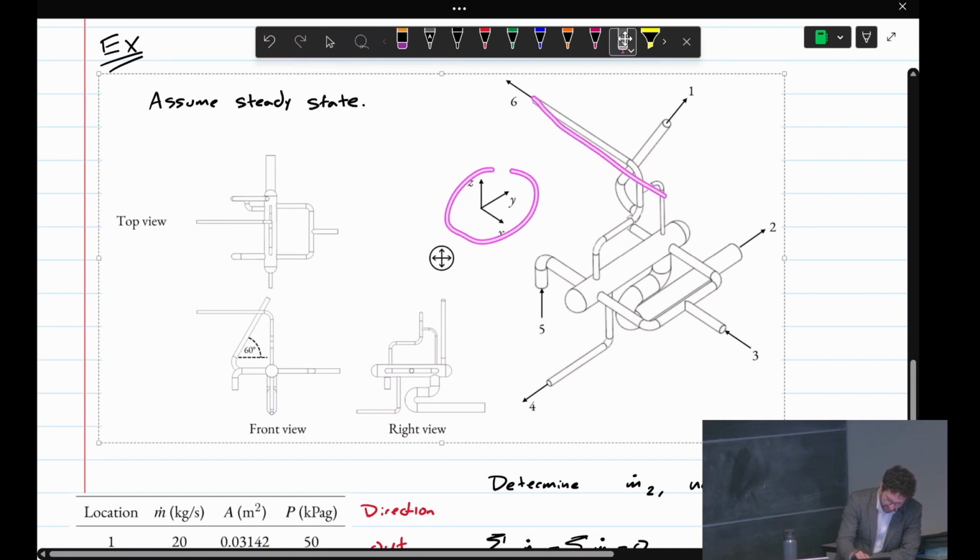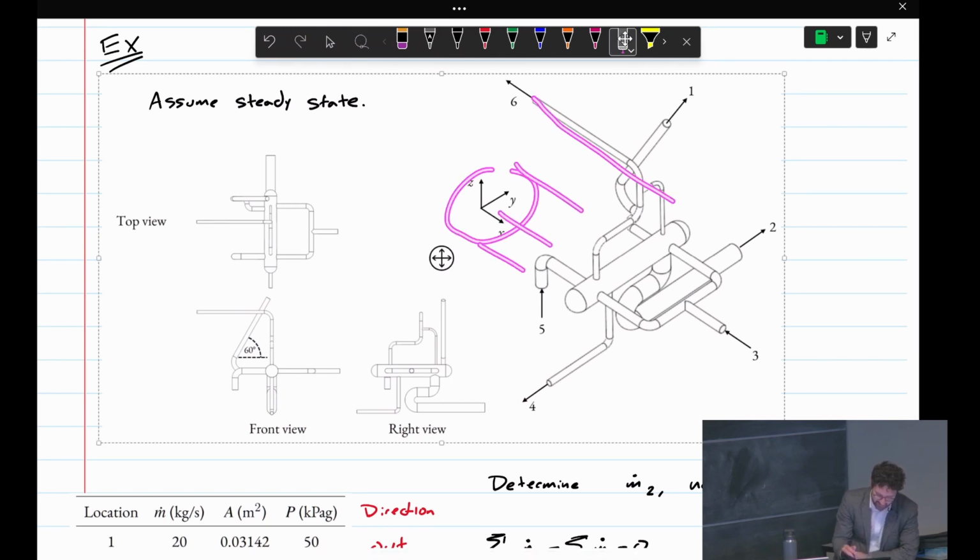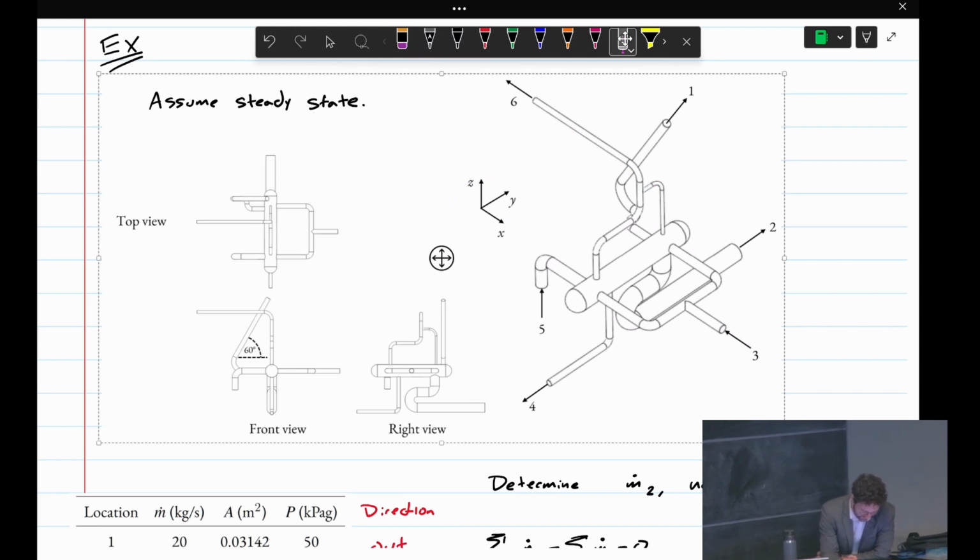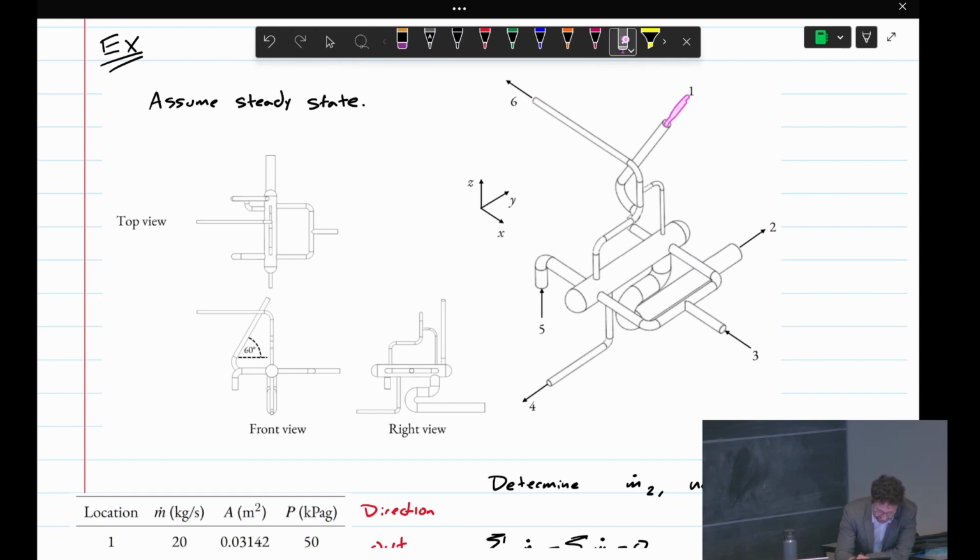Anything that has a vector component along this direction, we need to account for in this balance. I gave the projected views here. This is basically the x-z plane. So R3 is in the x, we have a component of 1 in the x, and so 1, 3, and 6 are affected in the x.